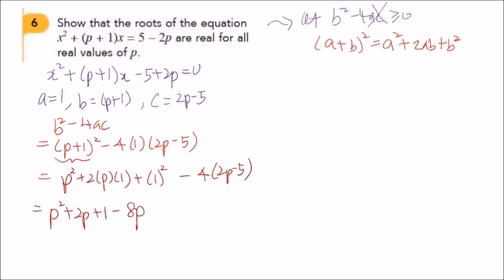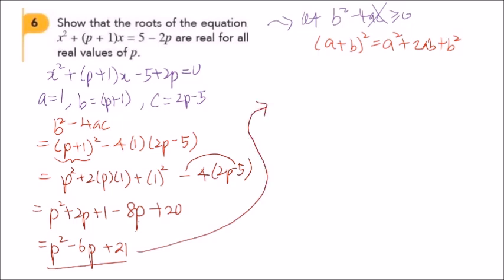Right, be careful, because negative 4 times negative 5 will give you positive 20. So if you simplify further, this is what you get. From this quadratic expression, you can't really tell whether the value will be more than or equal to 0, or more than 0. You can't really tell.